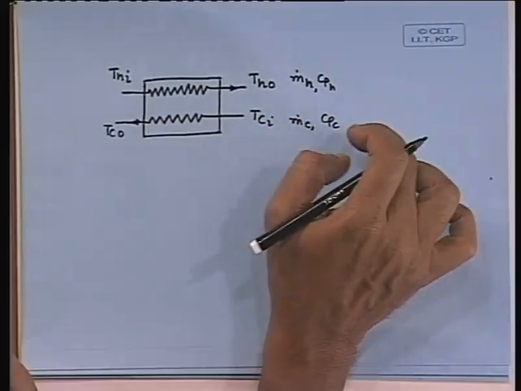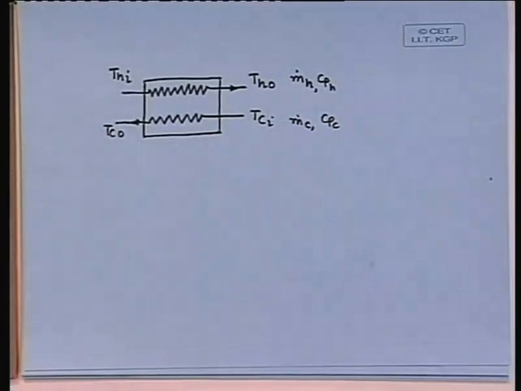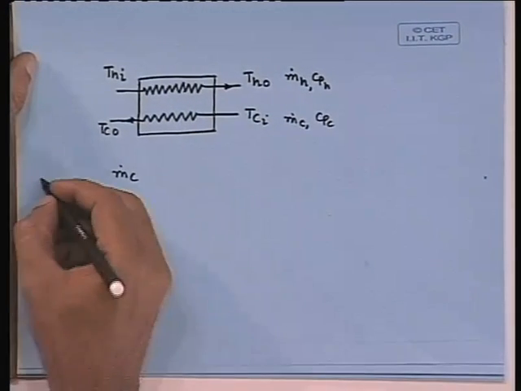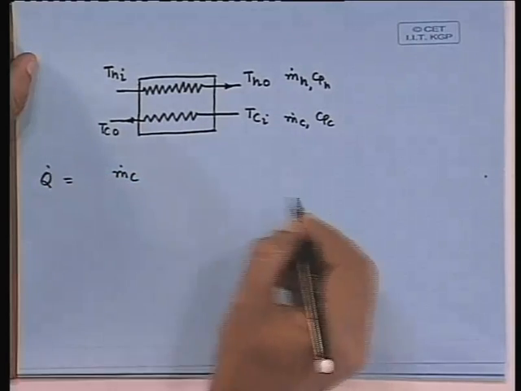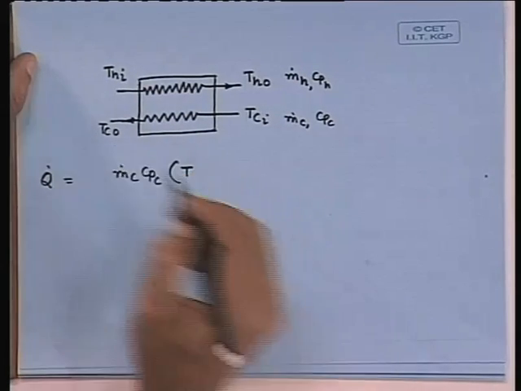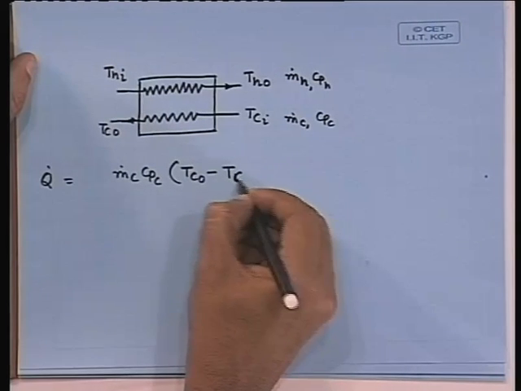Then we can get the heat transfer by the hot fluid and the heat transfer for the cold fluid. They will be the same quantity, but we will get two expressions. Now, we can get q dot equal to m dot c Cpc into the temperature increase, Tco minus Tci.